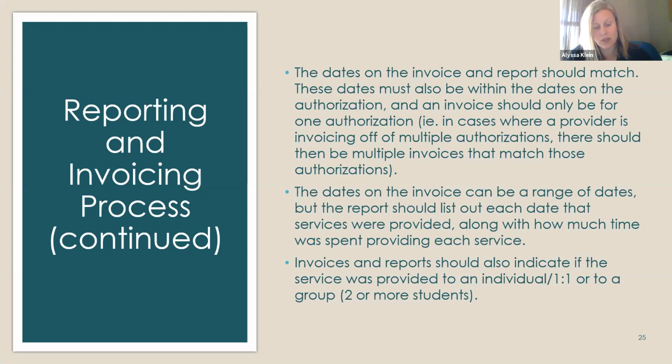The dates on the invoice can be a range of dates, but the report should list out each date that the services were provided, along with how much time was spent providing each service. And invoices and reports should also indicate if the service was provided to an individual or one-on-one, or to a group of students, which would be 2 or more students.